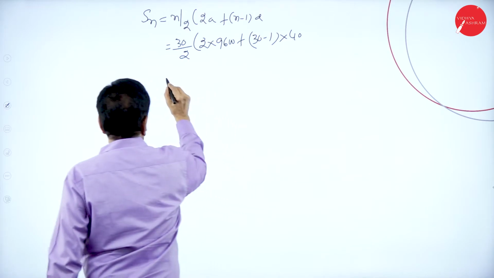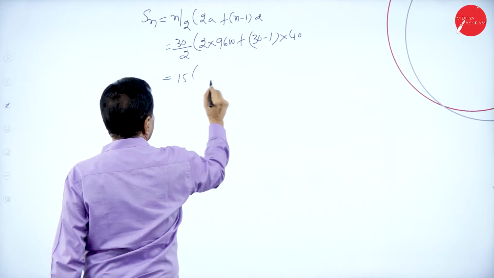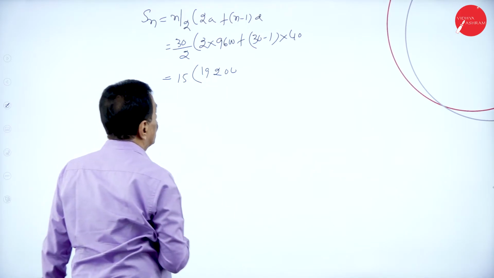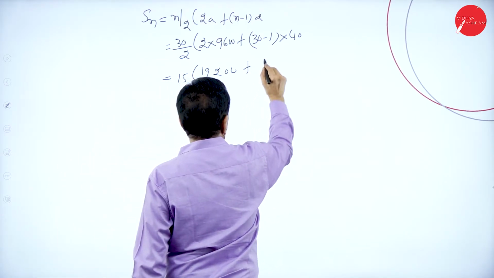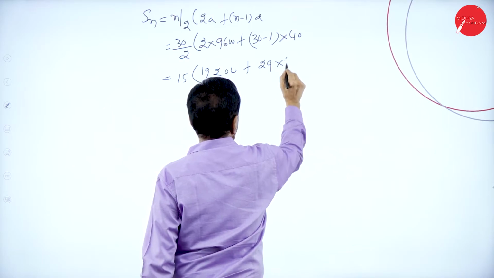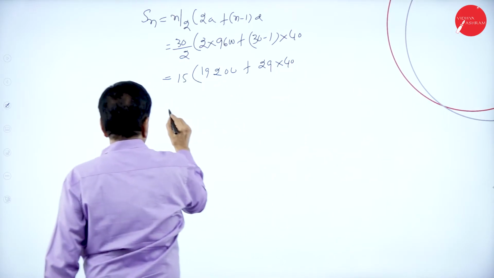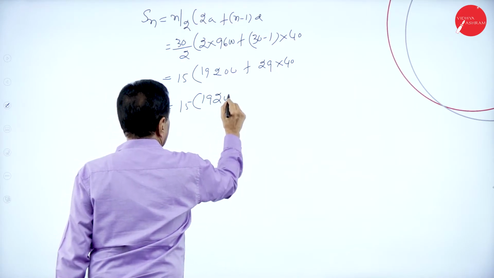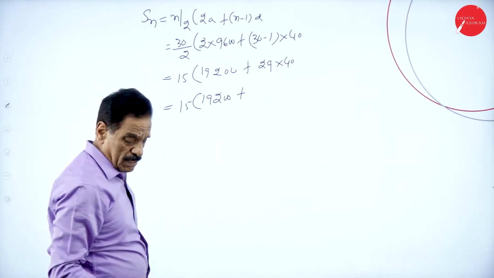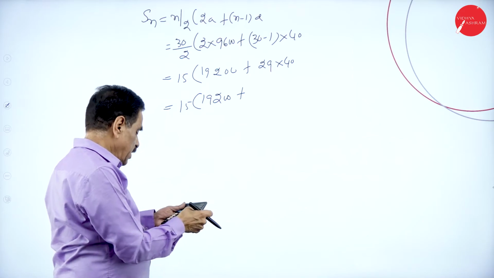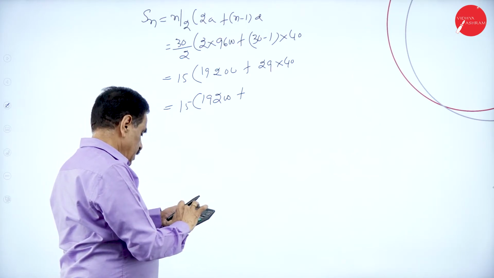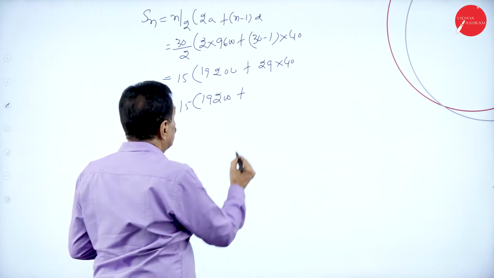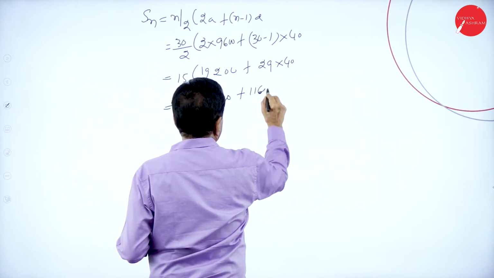This is 15 into 19,200 plus 29 into 40. 29 into 40 is 1,160.